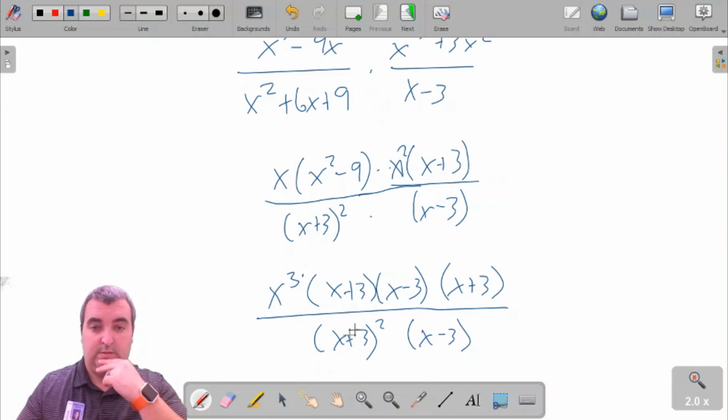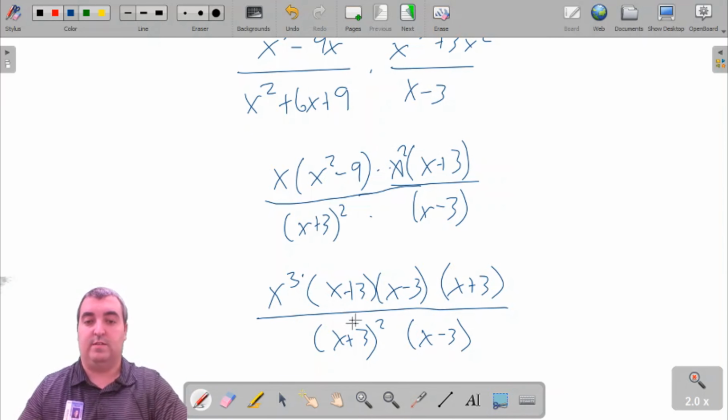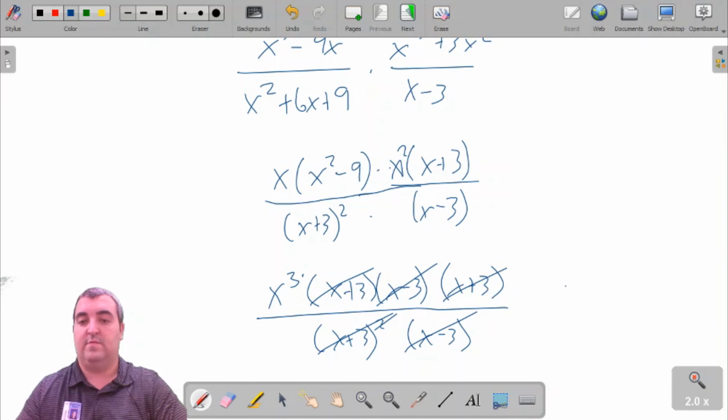Okay, so now you start canceling out factors that are in both the top and bottom. Here's one x plus 3, here's a second x plus 3, here's an x minus 3. So all of that cancels, and the only thing left is x cubed.